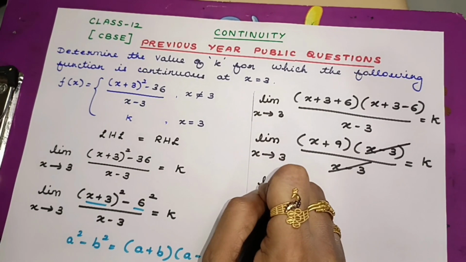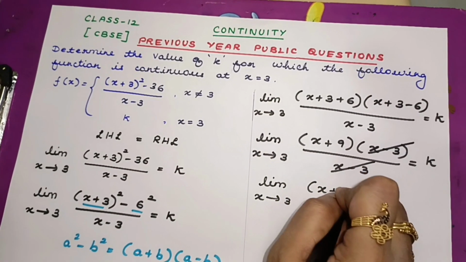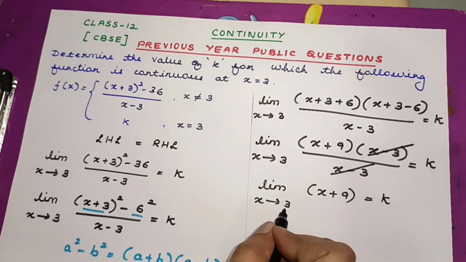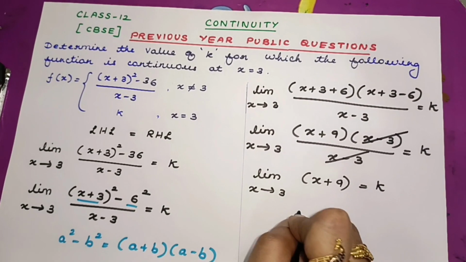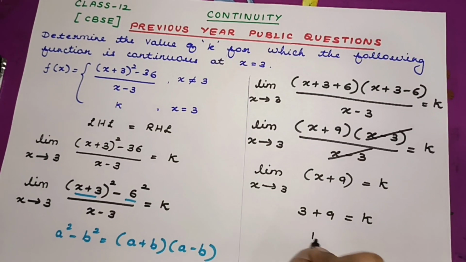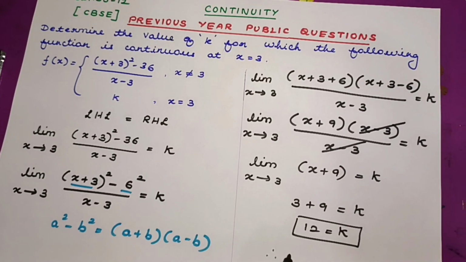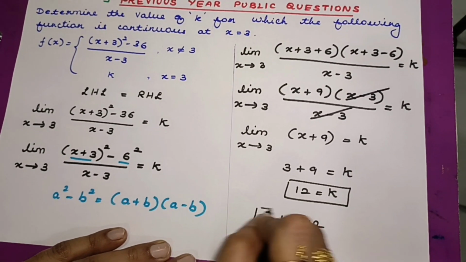The remaining is limit x tends to 3 of x plus 9, equal to k. Substituting x as 3, 3 plus 9 equals 12. So we have obtained the value of k as 12.